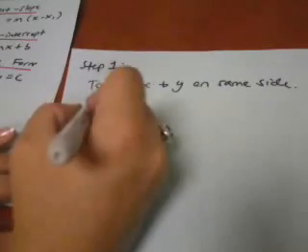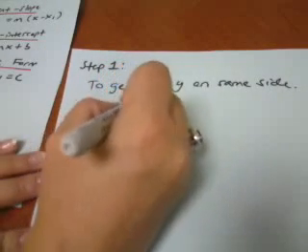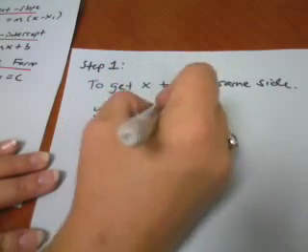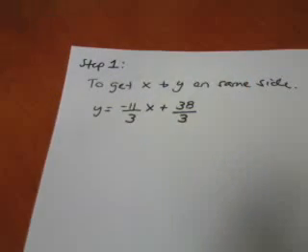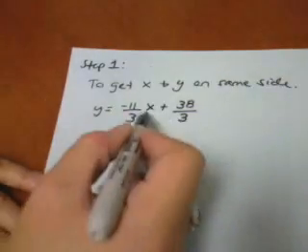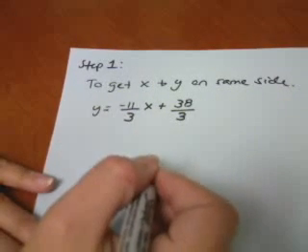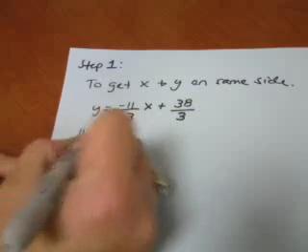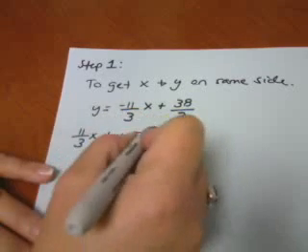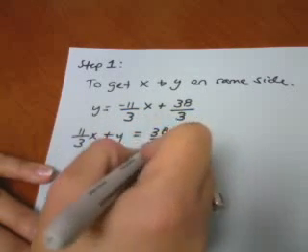So if I take my problem, y equals -11/3 x plus 38/3, the first step is to move this x term to the other side so that x and y are on the same side. In order to move it, I would add it. So I get 11/3 x plus y equals 38/3.